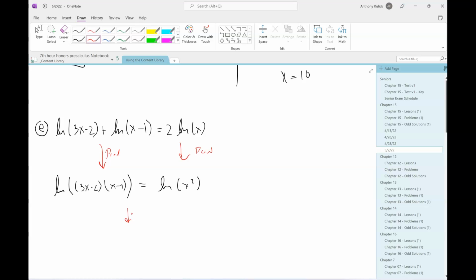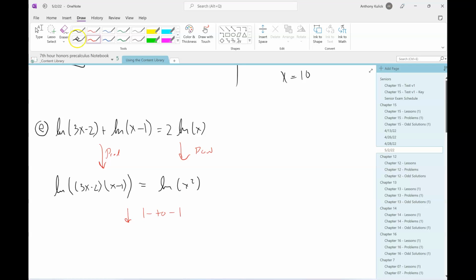Serge, I just have a quick question. Yeah, what's up? When you condense, it goes power, product, quotient, and then it's vice versa for expanding? Yes. Well, we're going to FOIL eventually. I would use the one-to-one property.